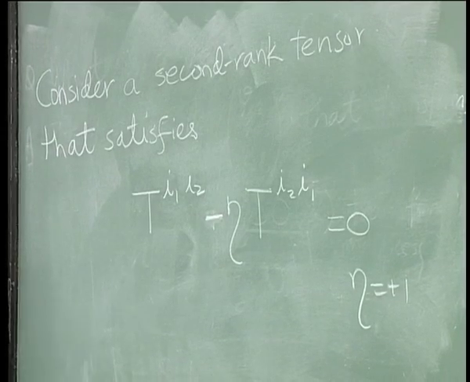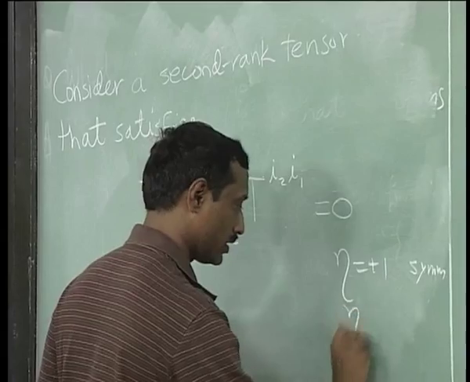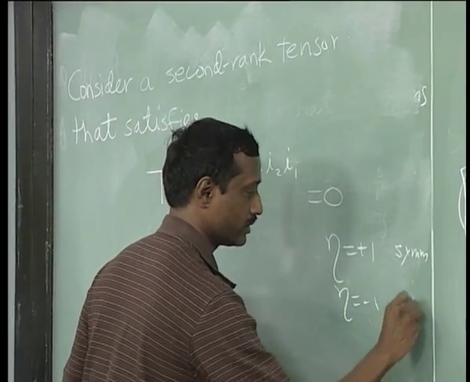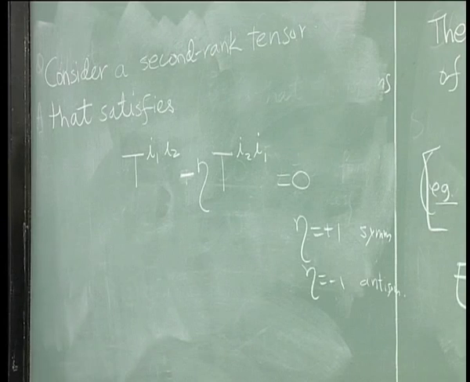Okay. That this is symmetric, and eta equal to minus 1 is antisymmetric. Okay.